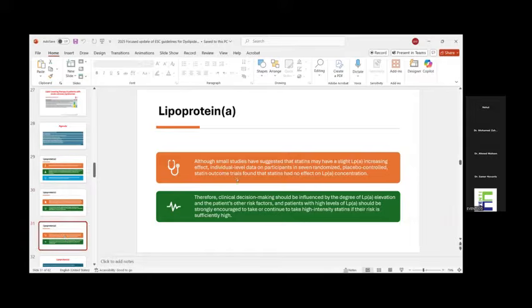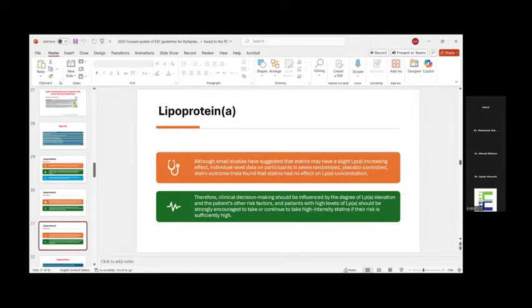Although small studies have suggested that statins may have a slight lipoprotein A increasing effect, individual level data on participants in 7 randomized trials found that statins had no effect on the lipoprotein A concentration. This is very important.